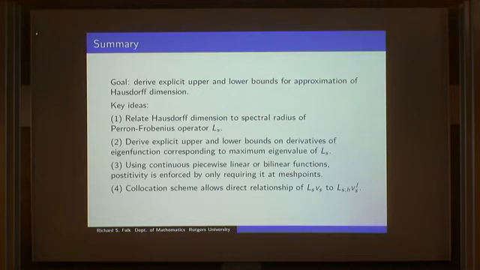Well, everything hinges on that I know stuff at mesh points, so essentially taking the operator and doing a collocation scheme. If you use the Galerkin scheme, you might lose some of this positivity unless you can use piecewise constants, that would be okay. So that allows you to get a very direct relationship between the operator you started with and the approximate operator. So that's kind of the summary of what we did in these cases.